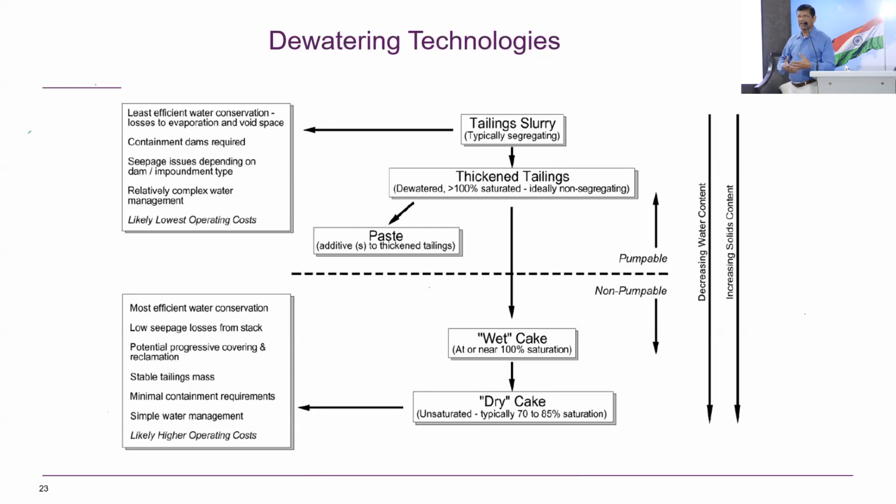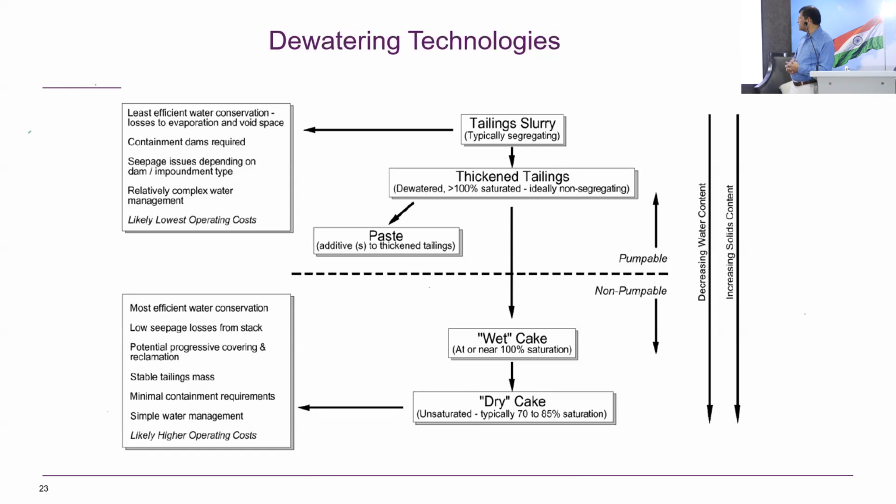How you can recycle, how you can save water. So definitely if you go through this dry stack, you can save water, and definitely the tailings would be more stable, because your water is now less.